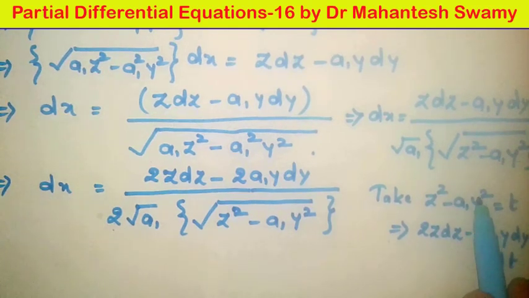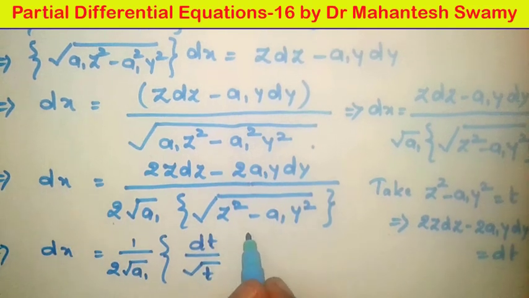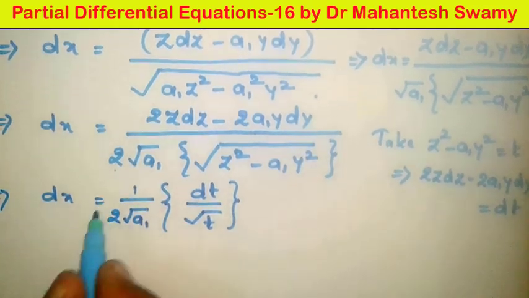So what we are observing, by choosing this radicand equal to t, the numerator is going to be dt. So therefore the right hand side is now becoming a very simple thing, that is 1 divided by 2 root a1, a constant as it is outside. Here within the bracket it is dt divided by root of t remaining. Now it is very easy to integrate.